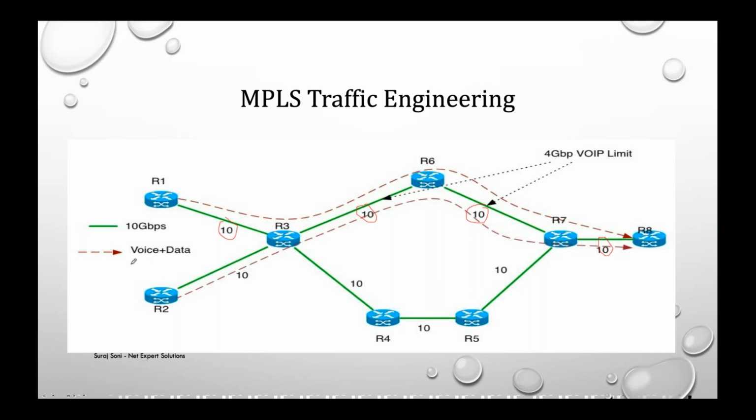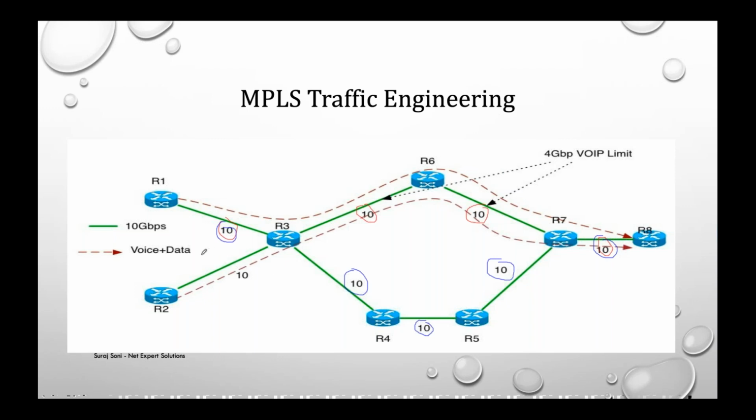If you can see here, voice and data right now both are traveling via the same link. Why? Because of the lower cost. I'm getting 40 when R1 is going to R8, and when R2 is going to R8, again 40. But if from R1 I choose the other path, it's 10 plus 10, 20, then 30, 40, and 50.